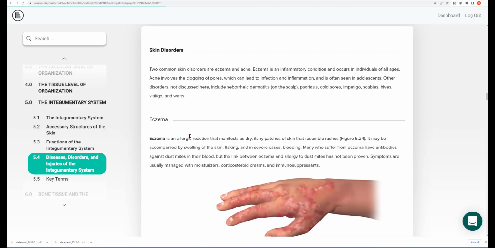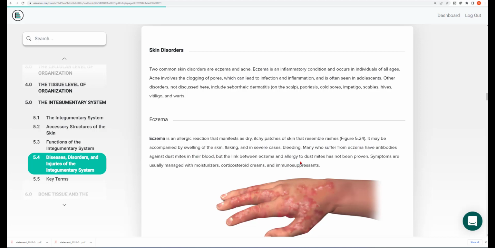It's basically an allergic reaction. It's dry, itchy patches of skin. It can look like a rash. For some people, it's a hypersensitivity, and the individuals are actually having sort of a self autoimmune disorder against dust mites.